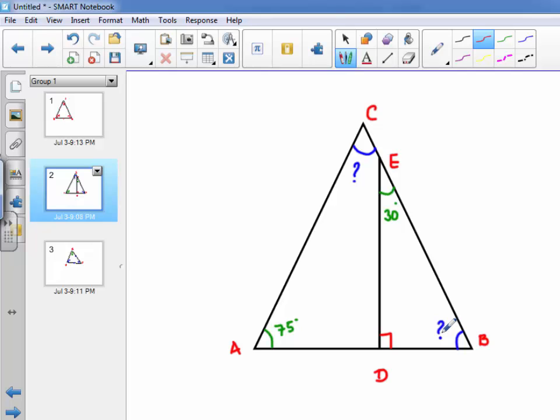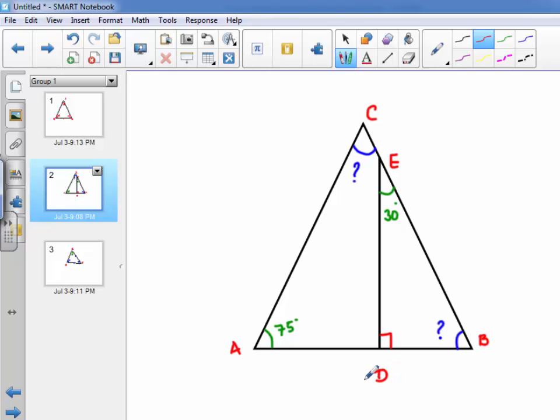So in this case I have to forget now about the big triangle ABC, and I need to focus on the small triangle EDB. If you look in EDB, you will find that the small angle DEB equals 30 degrees, and I have angle D at 90 degrees. That means I have two known angles. In this case I can find angle B.